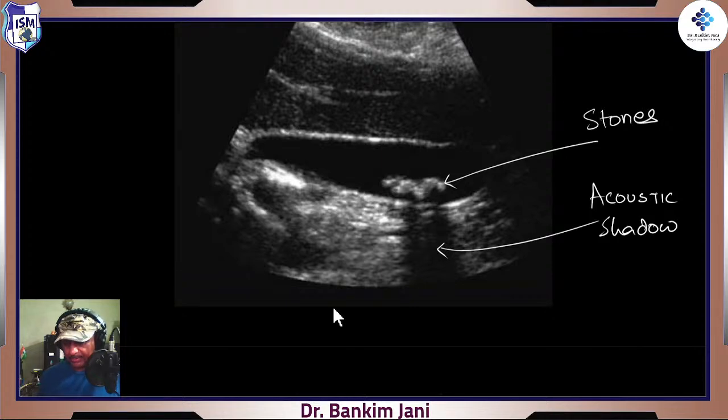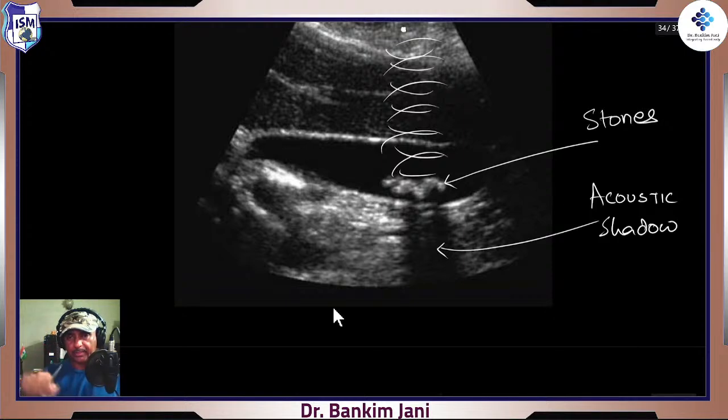These stones are seen bright because the sound which is going over there is getting powerfully reflected. So those sensors picked up that sound and converted it into the image, and yes, it is seen as bright. The shadow is seen dark because there is no reflection coming from that area, right?